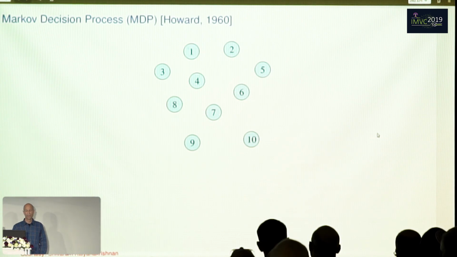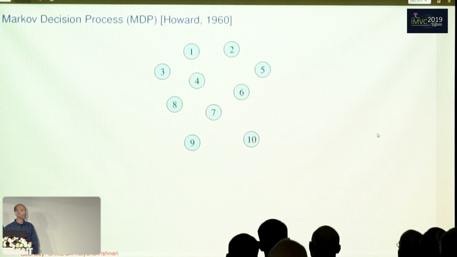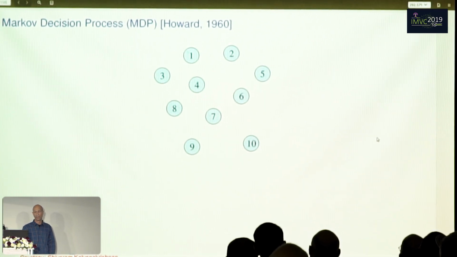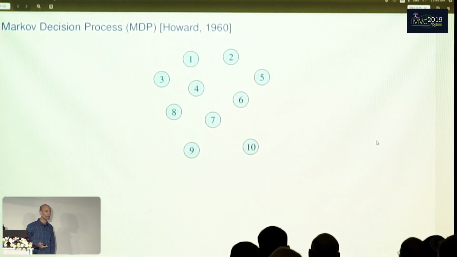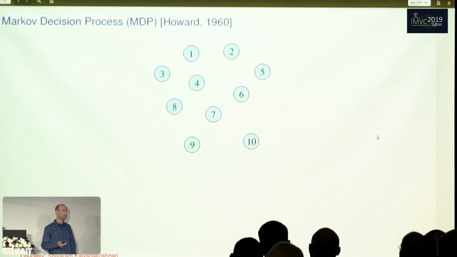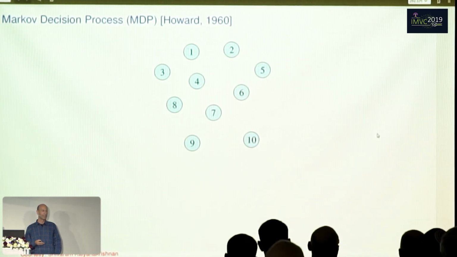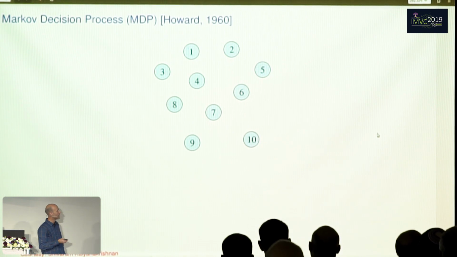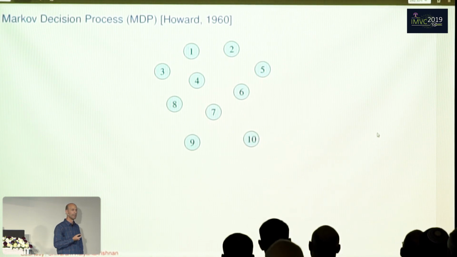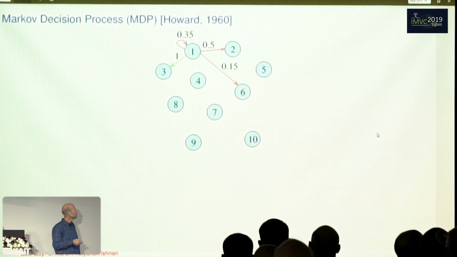Let's get a bit more specific. So reinforcement learning problems frequently are defined as Markov decision problems or Markov decision processes, in short MDPs. An MDP has a set of states, in this simplified example 10 states representing the possible states of the environment, of the surroundings. And in each state an agent can take actions.